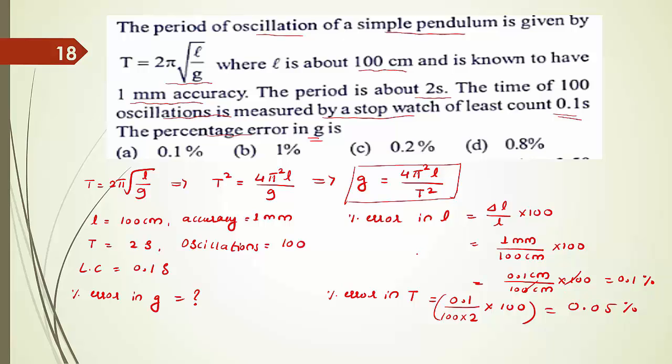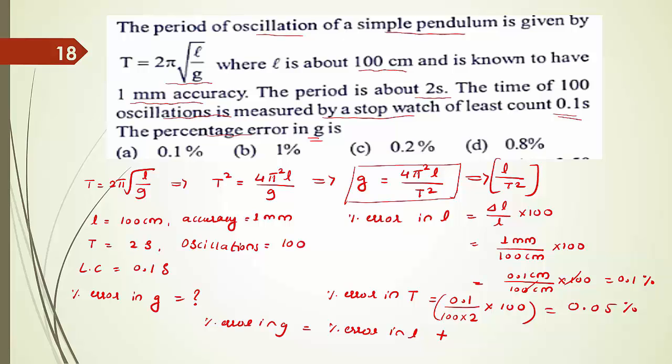We got percentage error in L as well as in T. Now we can find percentage error in G. Yes, we can write percentage error in L plus, here you can observe this equation, 4π² is constant, remaining is L divided by T². For L by T², we can use error in division as well as error in power.